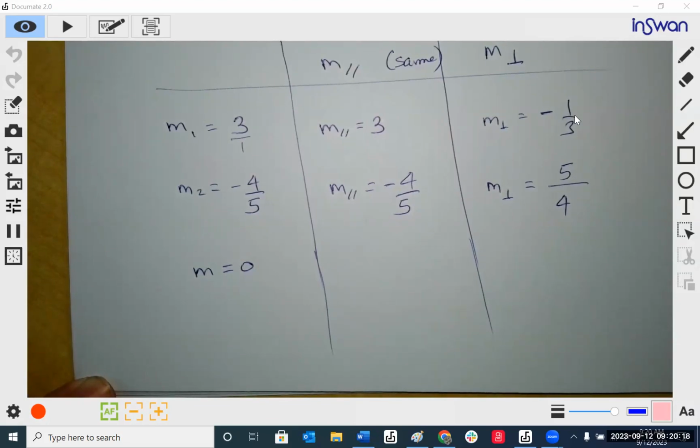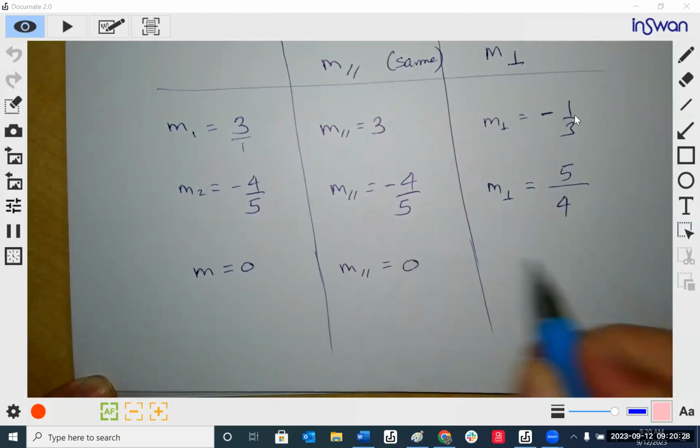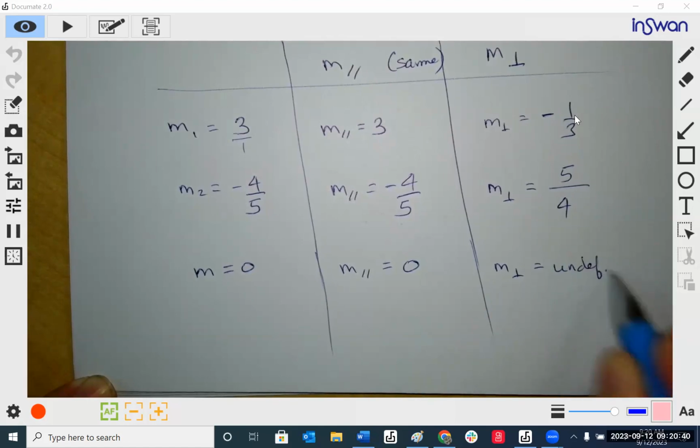Slope equals 0. The parallel one's 0. What's the perpendicular one? What is -1/0? Undefined. You cannot divide by 0.